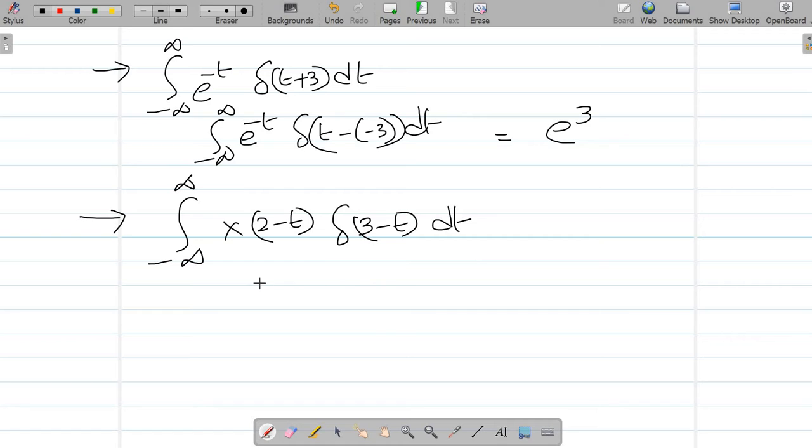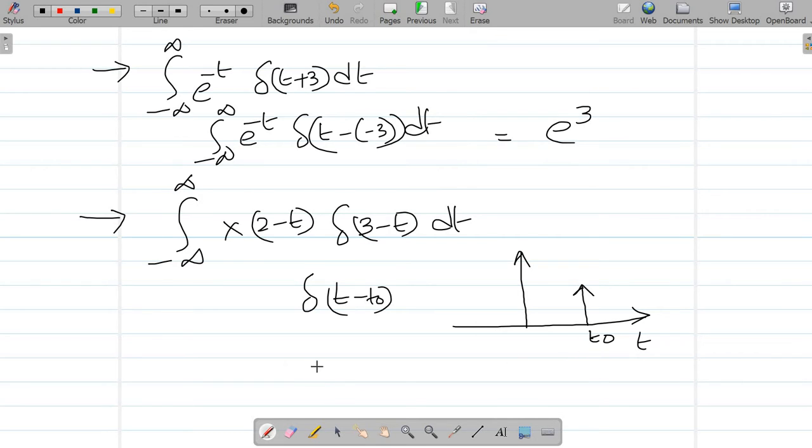We know that when we have delta t minus t naught, if I represent this on a graph with the y-axis and the time axis, then since this is delta t minus t naught, I have to shift it by a distance of t naught.